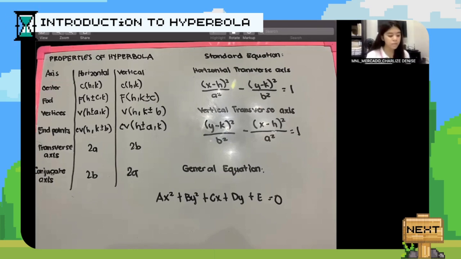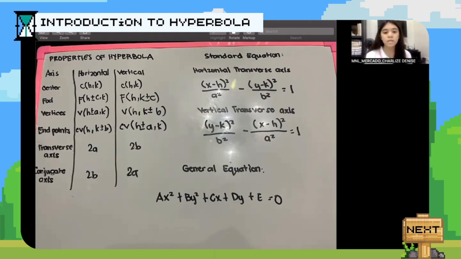Looking at the equation, we can see that it is almost similar to the previous equation, which is the horizontal transverse axis. The only difference is that the numerators are interchanged. This means that the graph of this equation is a hyperbola that is vertically oriented.